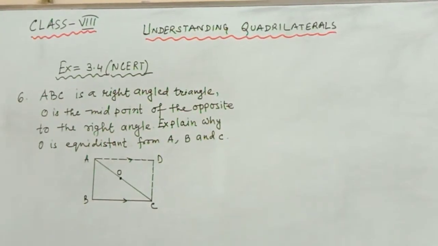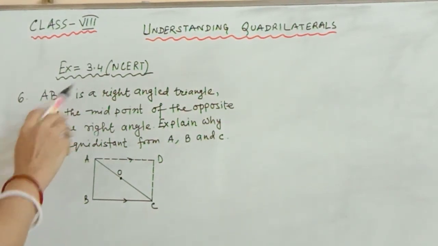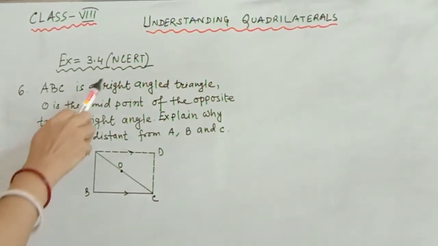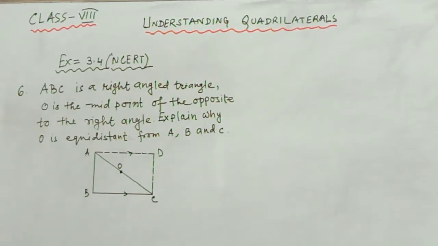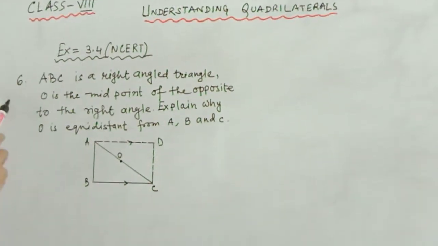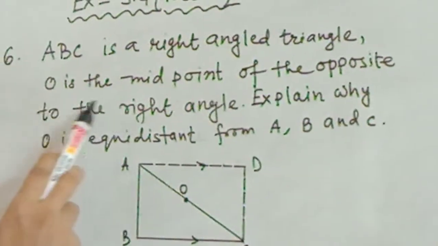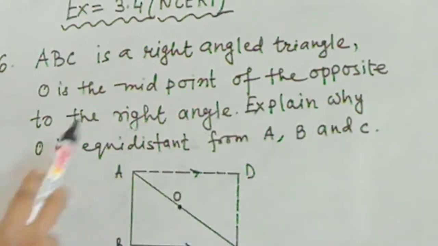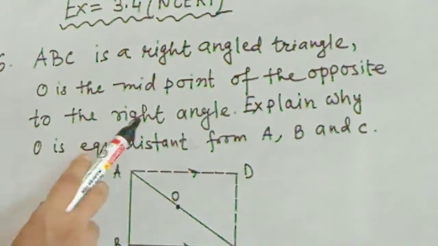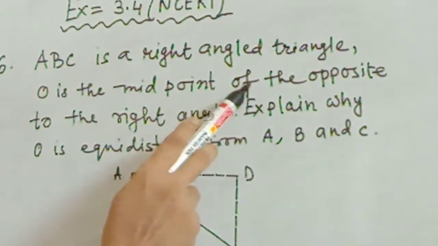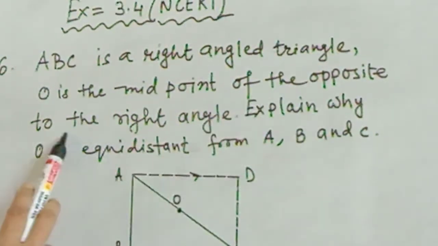Today we will do the last sum from exercise 3.4 from your NCERT book, Understanding Quadrilaterals. Question number 6. ABC is a right angled triangle. O is the midpoint of the side opposite to the right angle.